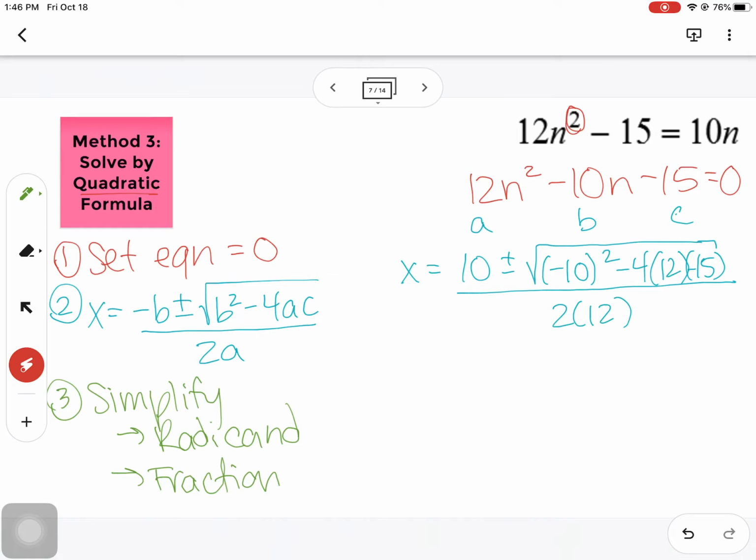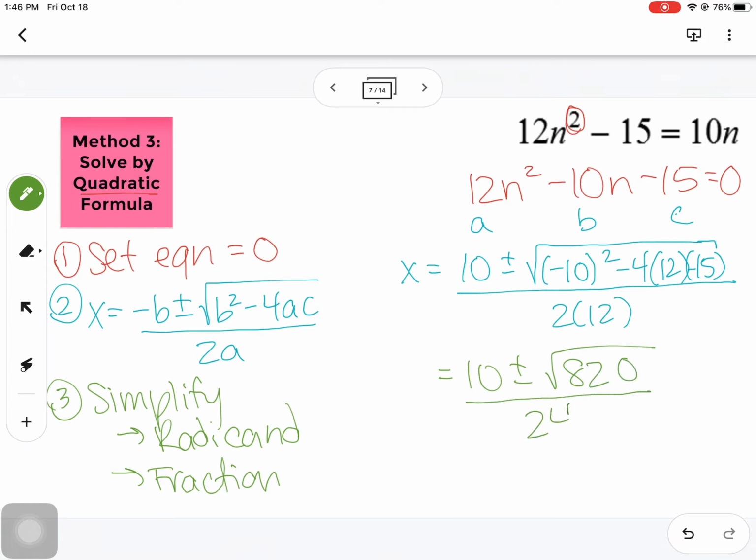Okay, so I will start inside the radical with that number under there. When I do, negative 10 squared, it's 100, and you're going to multiply everything at the back, and you should get 10 plus or minus the square root of 820 all over 24. And then you do need to go ahead and simplify that radical.